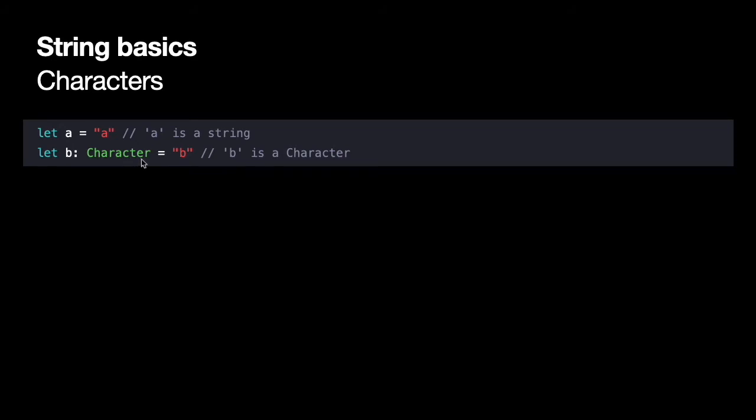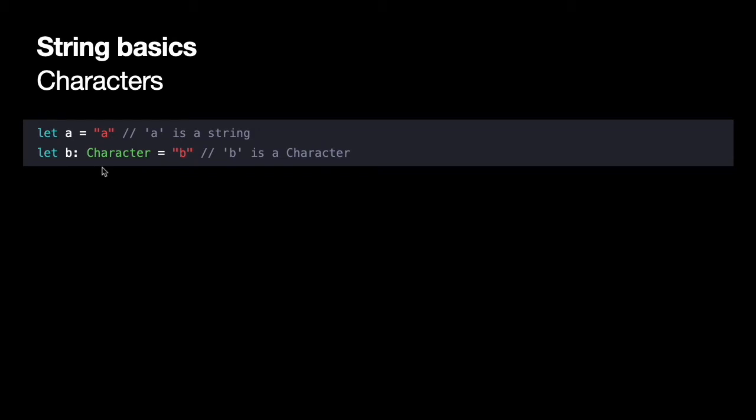You initialize a character using also a literal, but you have to specify the type as Character, because otherwise the compiler would assume that this is of type String. So here a is a String, which is inferred, and b is a Character, which is specified by us to the compiler.